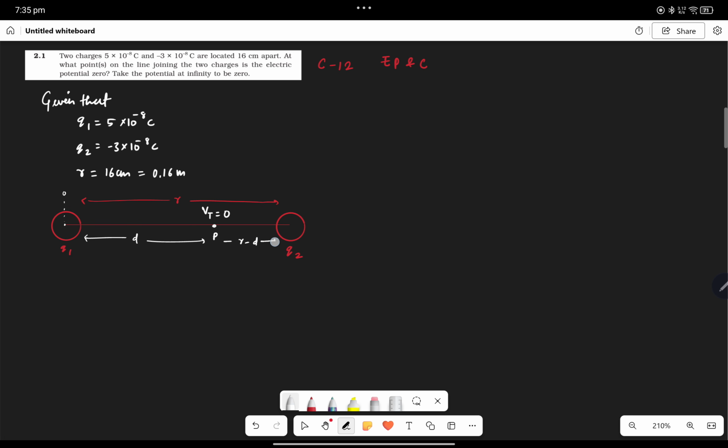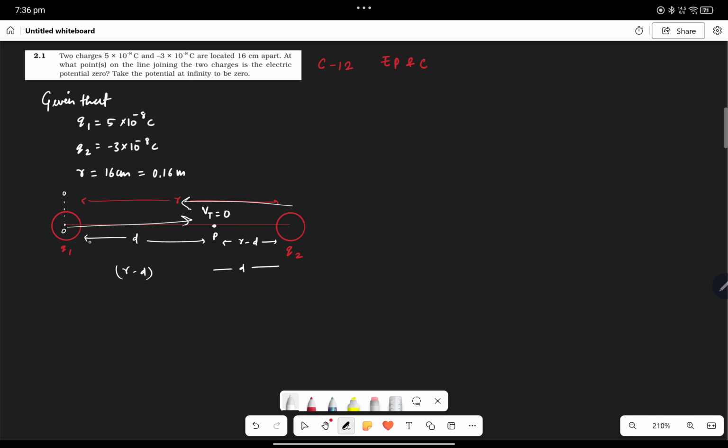No problem. And here is one catch: if you assume this as d and this as r minus d, then you are going to get the opposite answer. So keep in mind and try to solve this way, because in Cartesian coordinates you get a distance from 0 to that point. Don't take the distance from this side to this side, take the distance from 0 to this side.